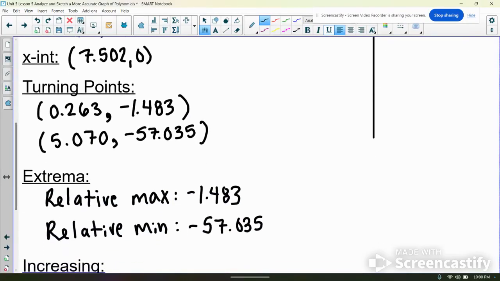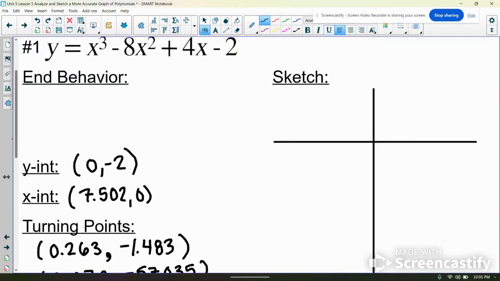We've already determined what the turning points were based off of the calculator selections that we made. The max value is negative 1.483, and the min value is negative 57.035. Again, these are relative, not absolute. There are no absolutes because of the end behavior for this, which brings me back up to here.